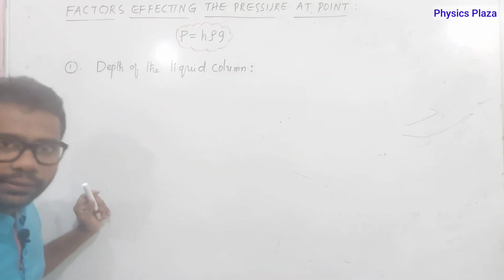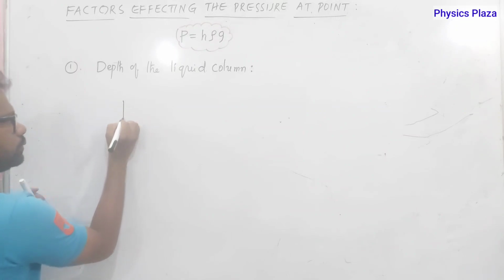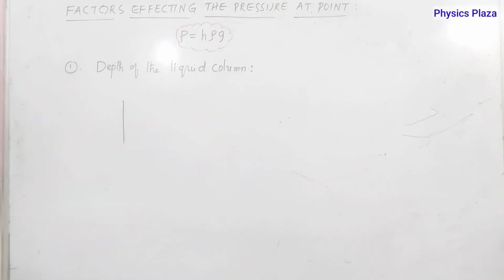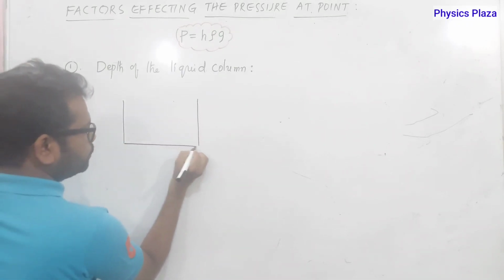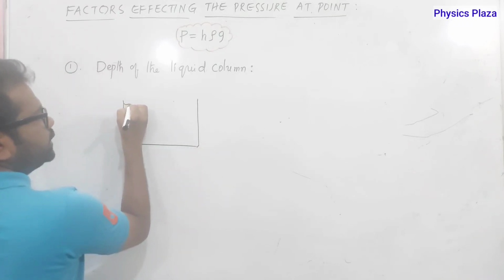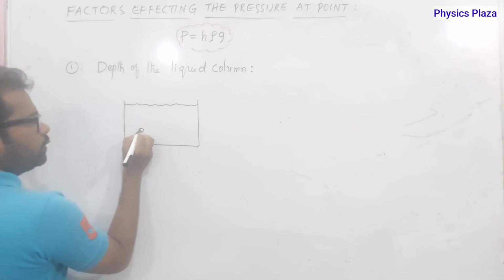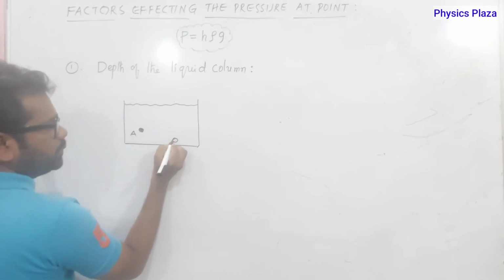So how to understand this? Children, let me consider a vessel. Are you able to see this? Let me check. Yeah, you can. So children, look here. Let's say it is a liquid column. Here a point A is taken. Here point B is taken.